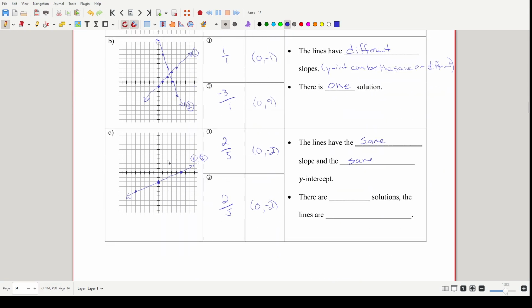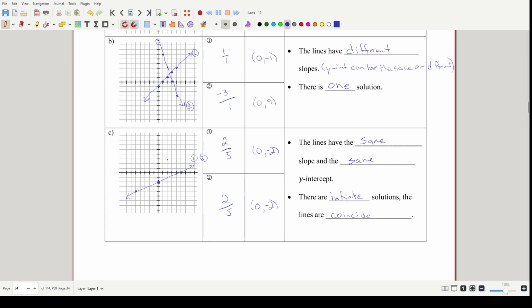So when I'm writing down my notes here, I can say that there are actually infinite solutions. That means every single point they're touching is a point of intersection. The entire line is full of points of intersection. So we could say that there are infinite solutions, and there's a special term for this: coincident.